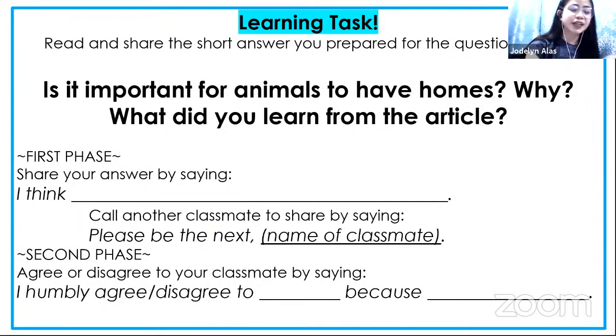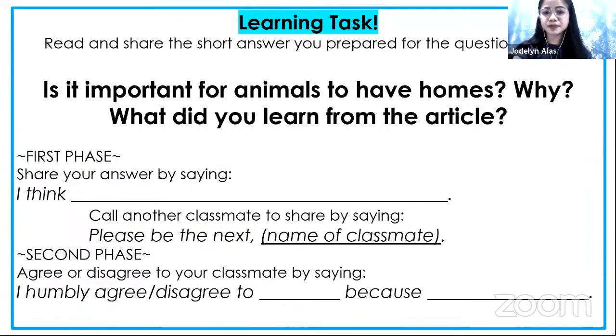Okay, if none will be sharing anymore, I think we may now go to our second phase. I want you to agree or disagree respectfully to your classmates, okay? So you may share something you agree with in your classmates' answers by using the prompt I provided here: I humbly agree or disagree, and share your reasons why.